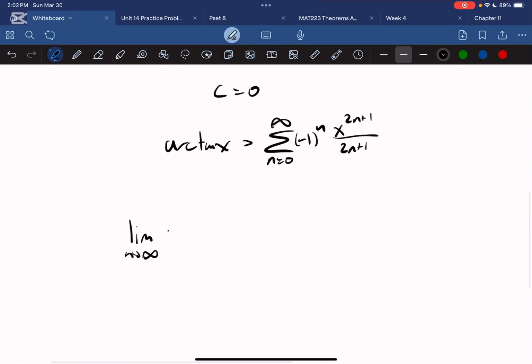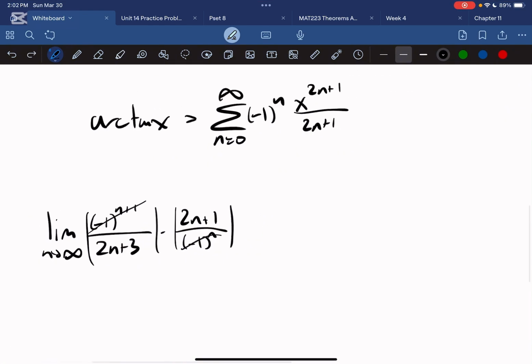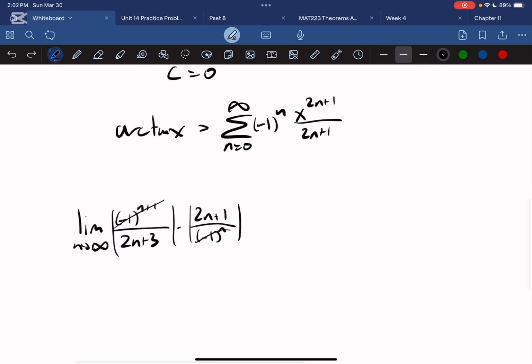So we have negative 1 to the n plus 1 over 2n plus 3, and then we have 2n plus 1 over negative 1 to the n. These cancel out because of the absolute values. And sorry, I forgot the x in here, that's my bad.